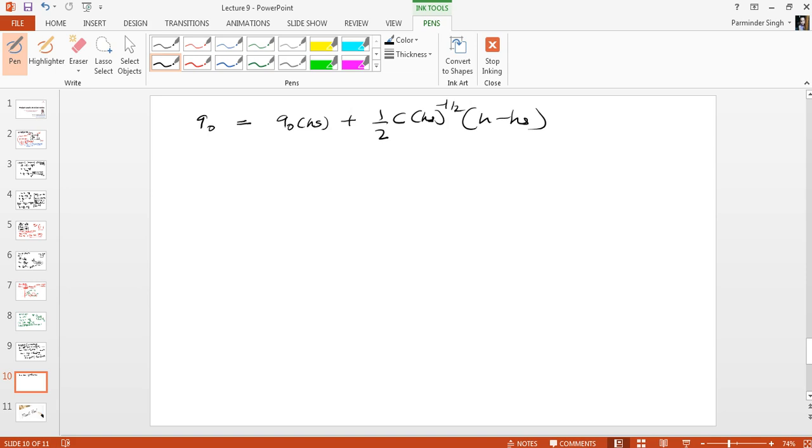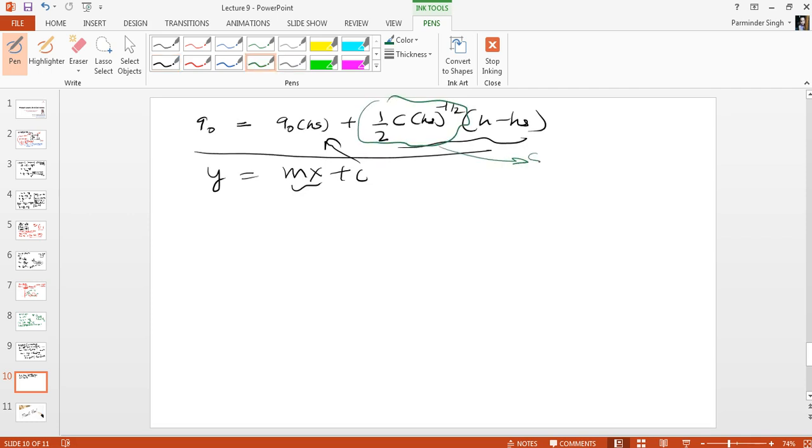Now this is somewhat equal to y equals mx plus c, where this is c and this is your mx plus c. So this term is the slope.